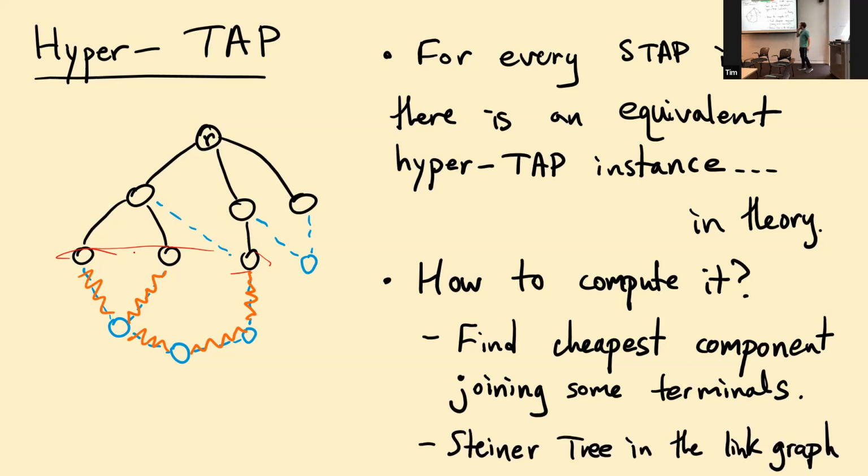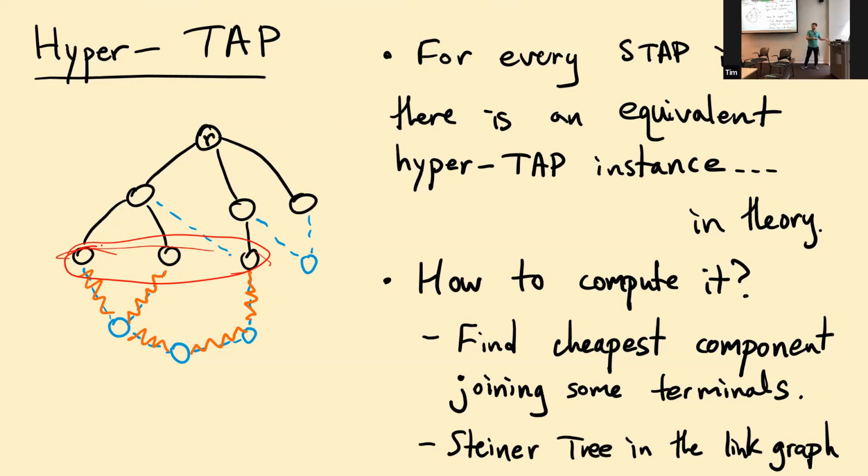So actually, this is an interesting point. If I'm looking for the cheapest subset joining some set of terminals, that's itself a Steiner tree problem, right? Because I'm trying to join up a given set of nodes, and I have to use the cheapest subset of links to join them up.